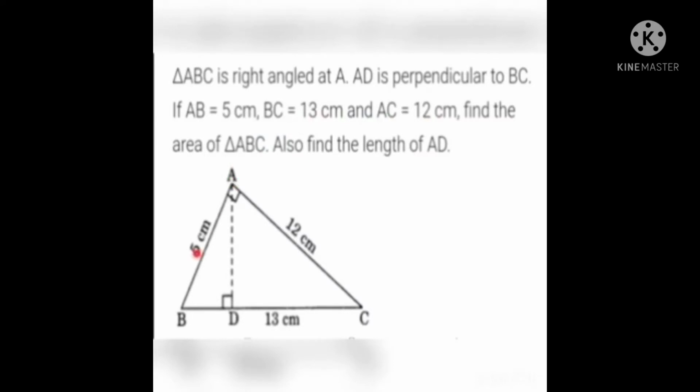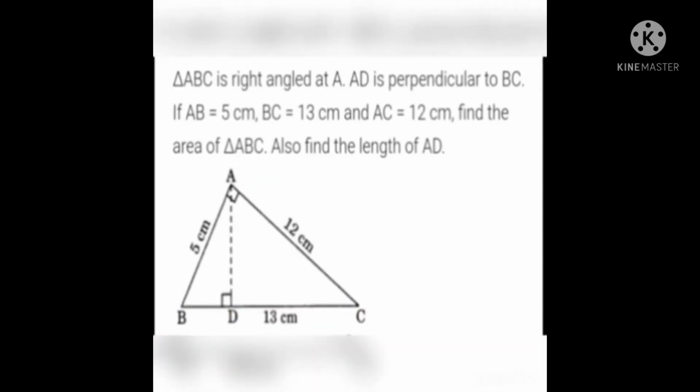Triangle ABC is right angled, that means the triangle is a right triangle and it is right angled at A. So the angle here is 90 degree. Now AD is a perpendicular, that means this is the altitude. AB is 5 cm, BC equal to 13 cm and AC is equal to 12 cm.